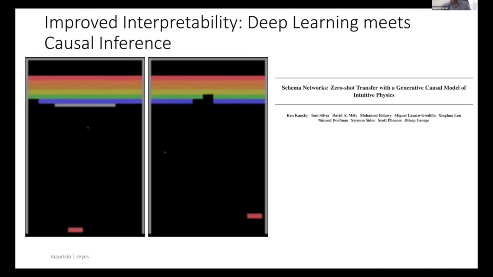For example, here on the left there was this block, and on the right you see that the pad was advanced some distance. And you can see that the system was not capable of adapting to that. So the system just learned an associational model, input and output, but it's not capable of adapting. So what they propose in this article is something that incorporates intuitive physics. It actually incorporates physical laws into the learning of the system.